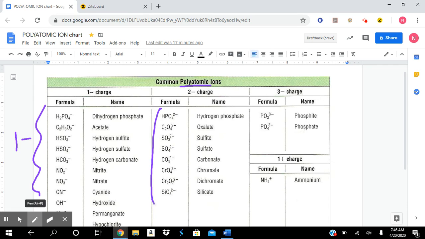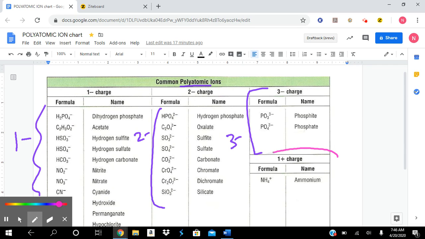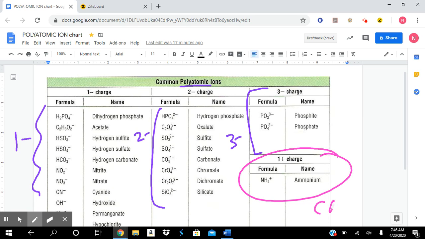Everything in this column right here is 2 minus, and everything right here is 3 minus. So all of these are negative ions. They're anions. There's only one cation that we are going to use, and that cation is ammonium. Okay, so like pretty common in cleaning products.